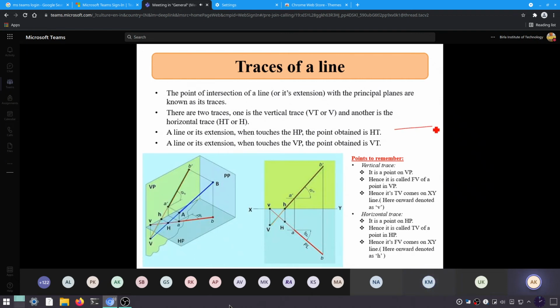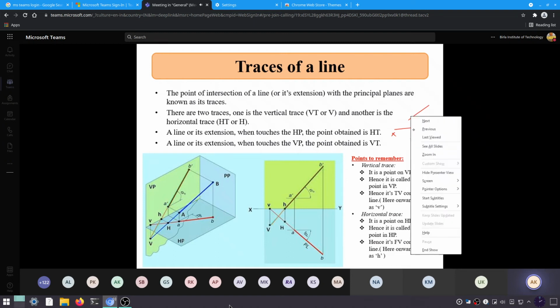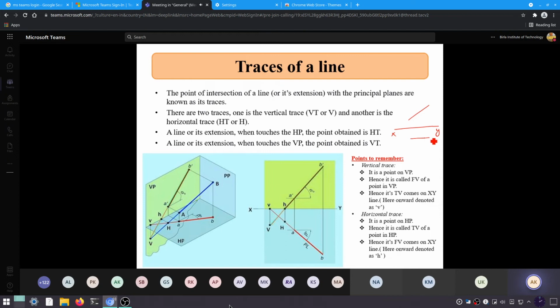So you have this XY line. This is the inclination line. Write A dash, A and B. So we only got h over here.